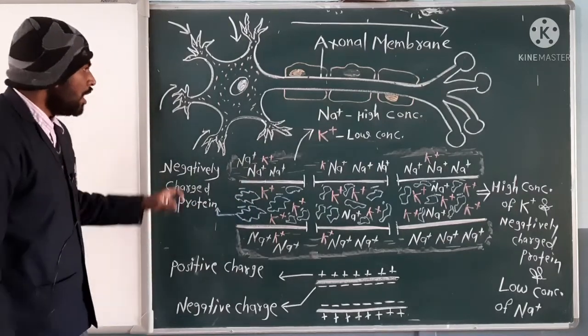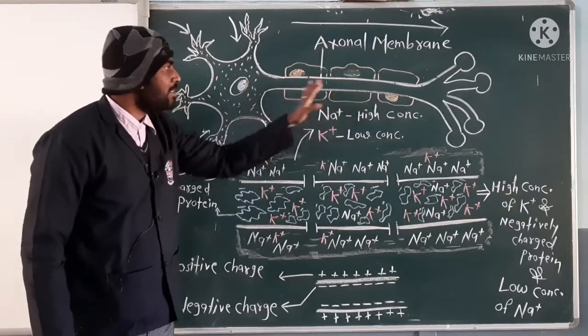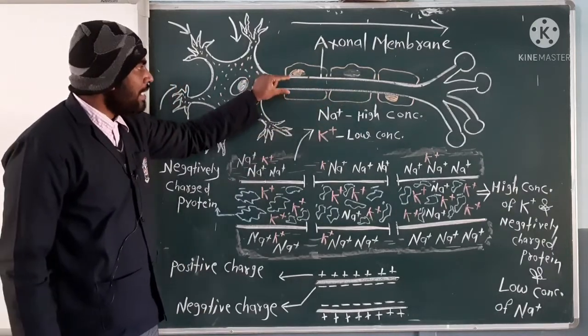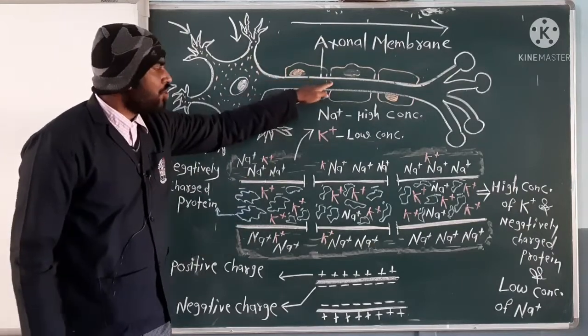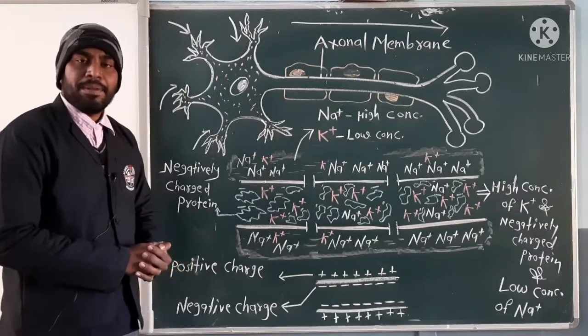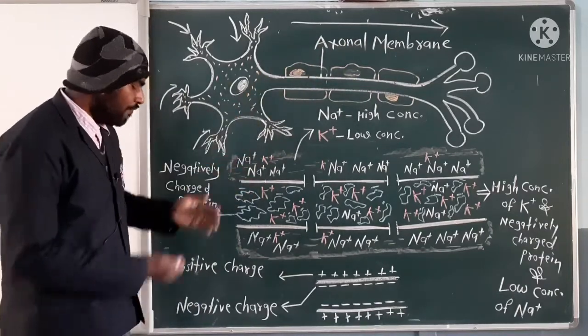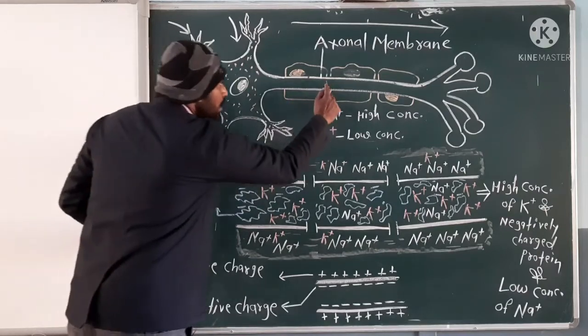Now we have to understand the axon portion. The membrane of the axon is called the axonal membrane or axolemma, and this axolemma is surrounded by a fluid.